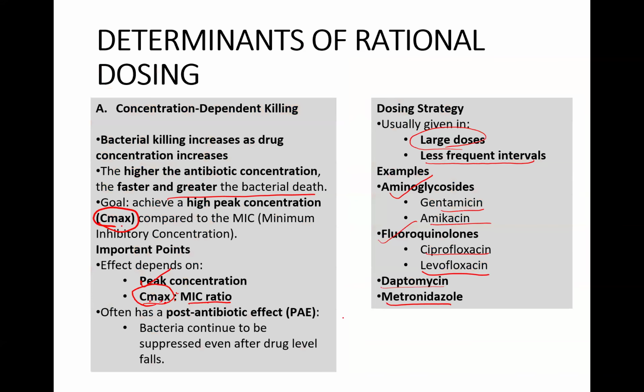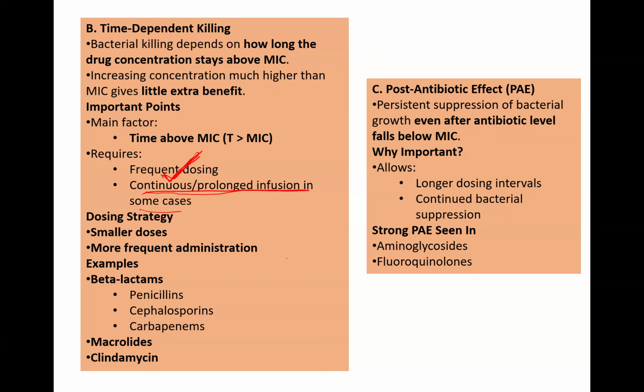In the earlier case we didn't have to give frequent intervals, but we needed to give larger doses. But here we need to give frequent doses or a continuous prolonged infusion, and smaller doses can be given. For example, beta-lactams like penicillin, cephalosporins, carbapenems, macrolides, clindamycin.